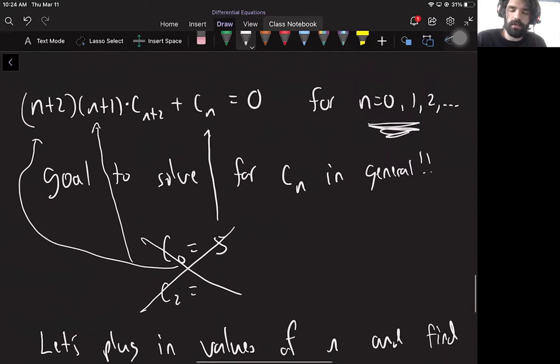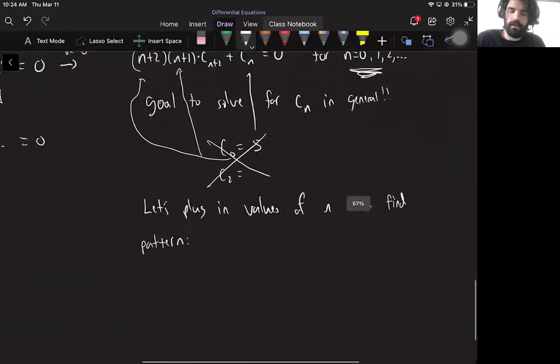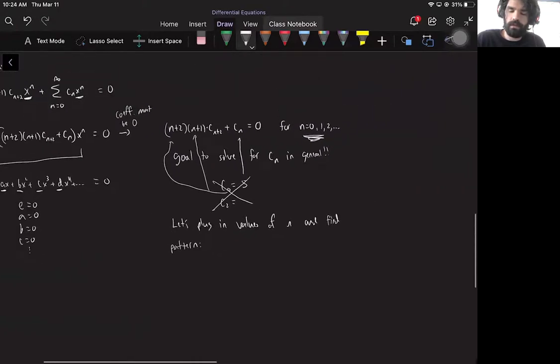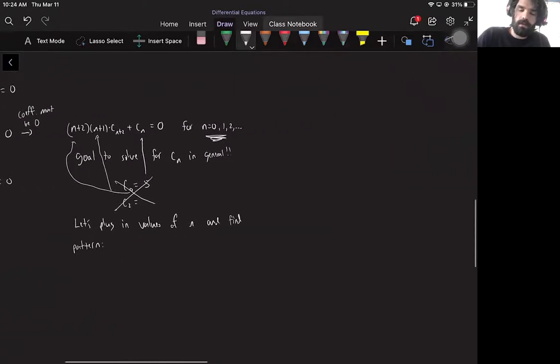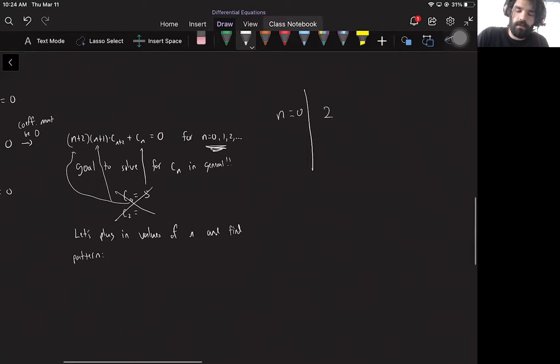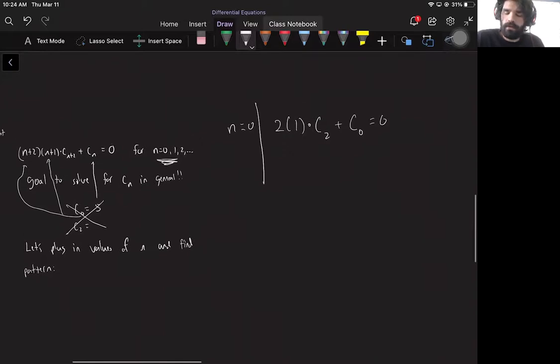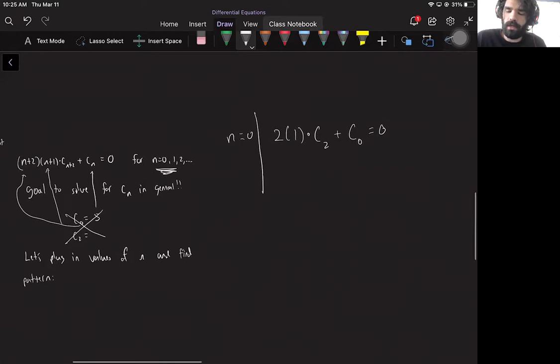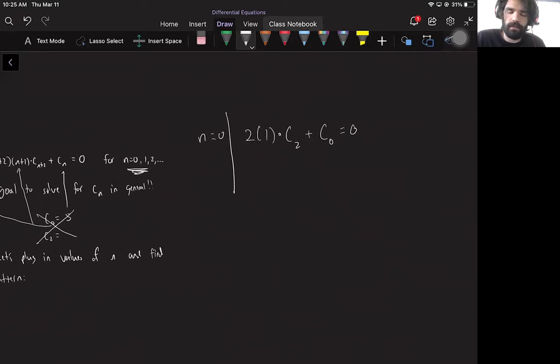So the starting point is 0. If I plug in 0, what do I get? I get that 2 times 1 times C2 plus C0 equals 0. So this tells me that I will be able to write C2 in terms of C0.